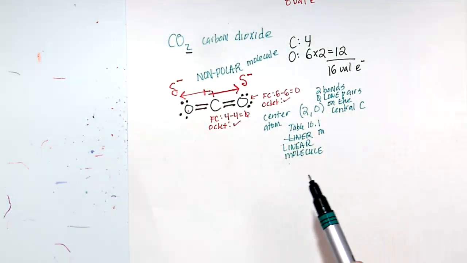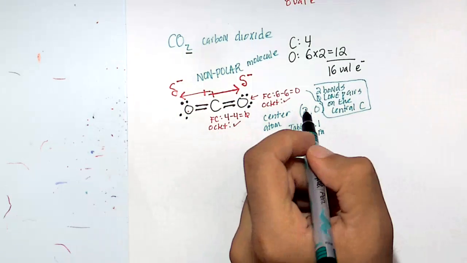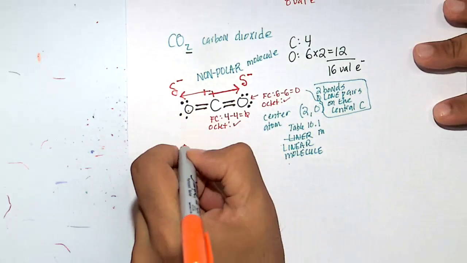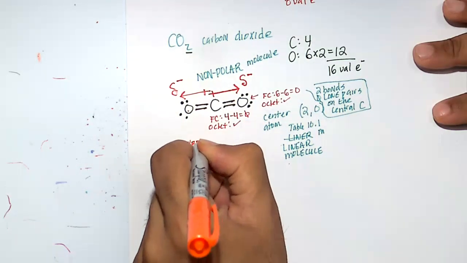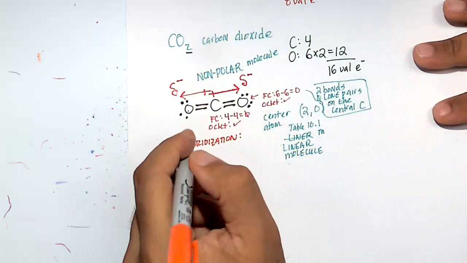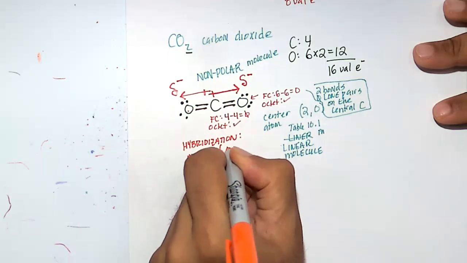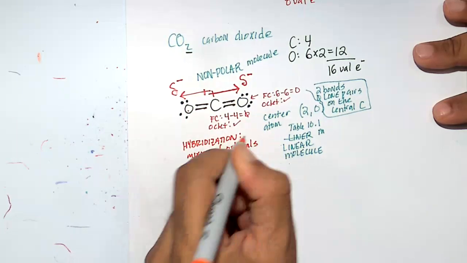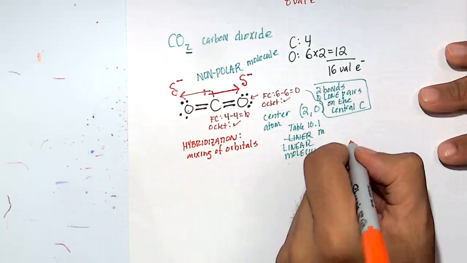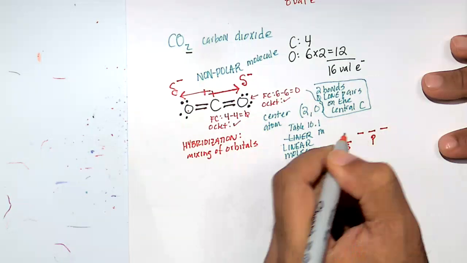So how will we get to 2 bonds and 0 lone pairs? Now I'm going to introduce to you something called hybridization, which means mixing of orbitals. Well, S has 1 slot, P has 3 slots.